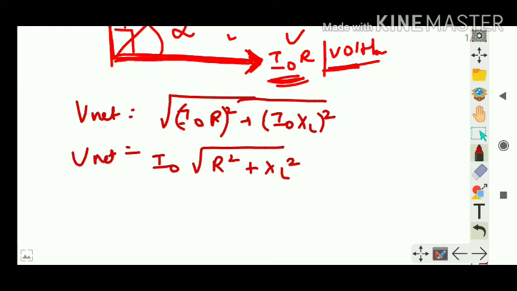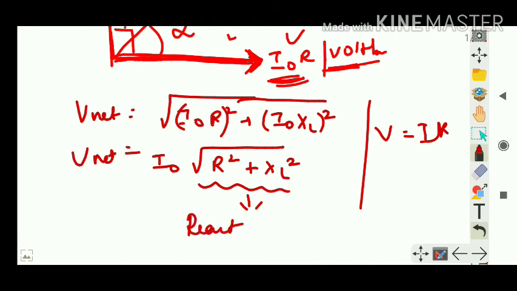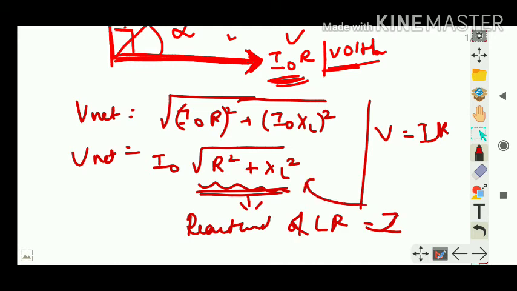That means we know voltage is current into resistance, so this much factor is acting as a resistance, as this is known as the reactance of an LR circuit. Which part? This one. And it is indicated by Z. So Z is equal to root of R squared plus XL squared.